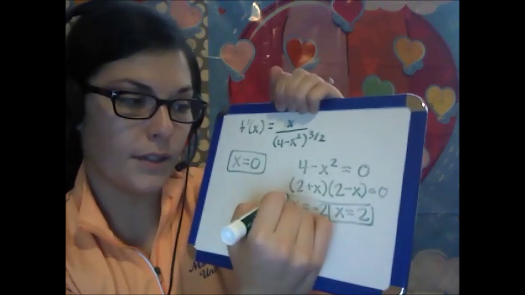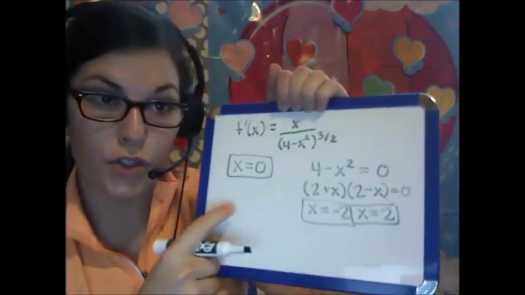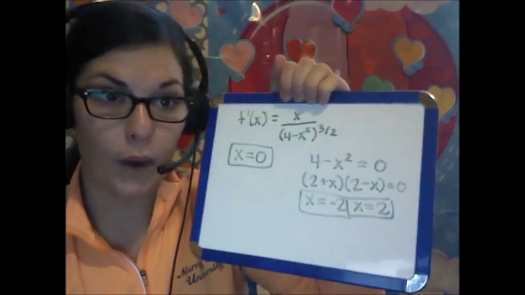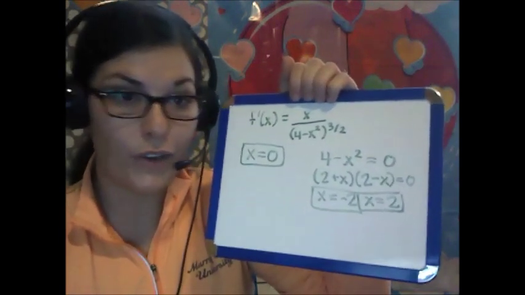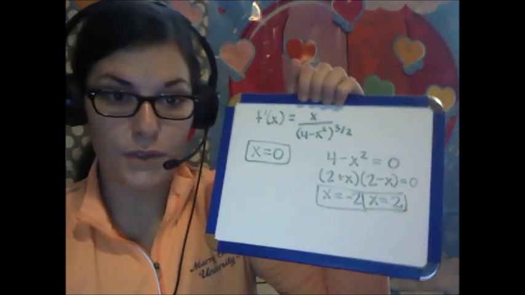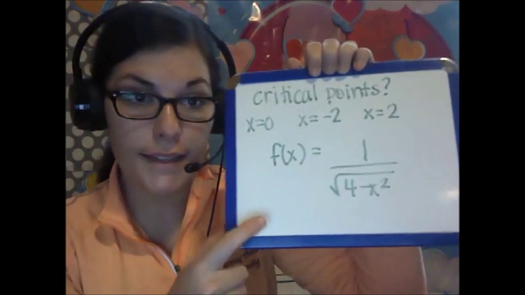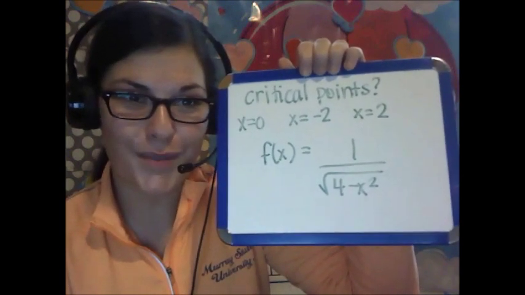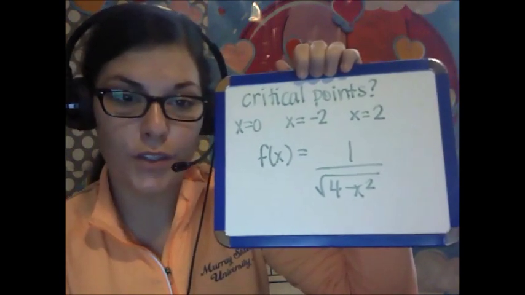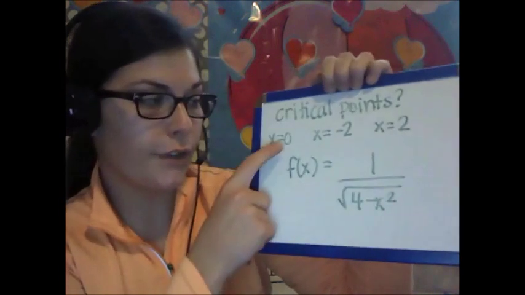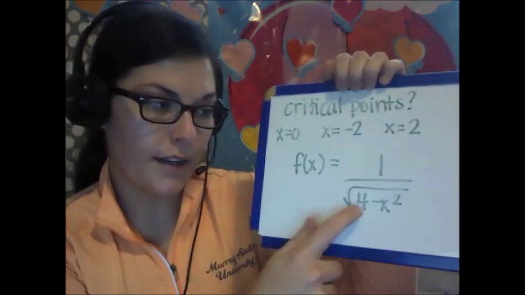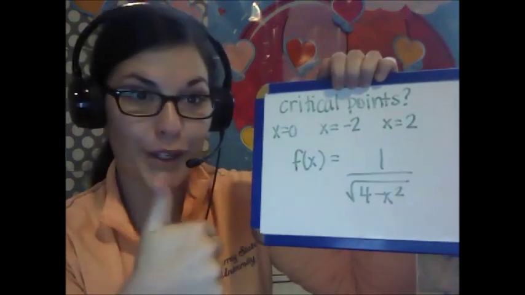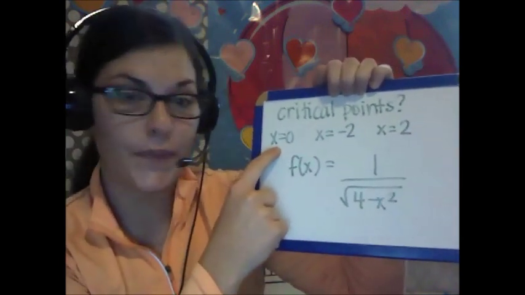Now in order for these to be critical points, we just must make sure that these values are part of the domain of our original function. If not, we cannot use these values. Let's consider the original function to make sure that these are actually critical points before we substitute into our sign chart. So first of all, if I substitute in 0, then I have the square root of 4 in the denominator, and since that's a real number, we are good to go with x is 0.